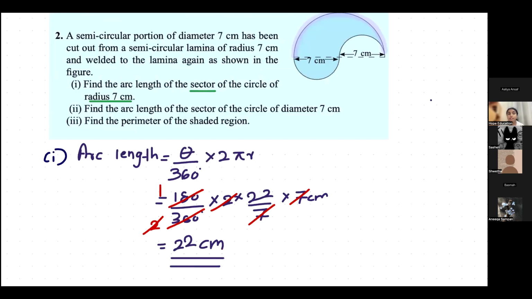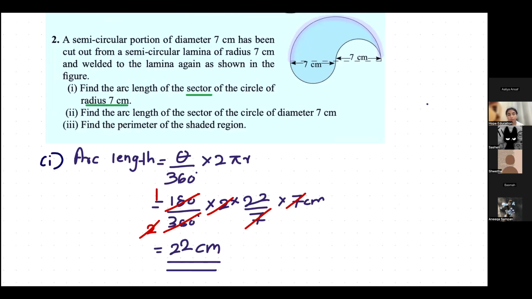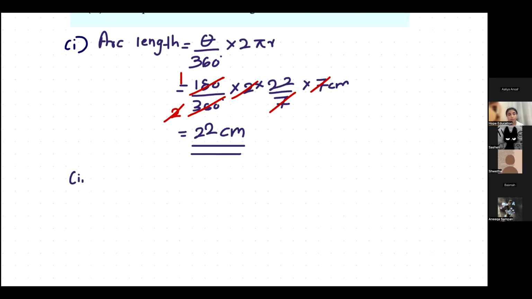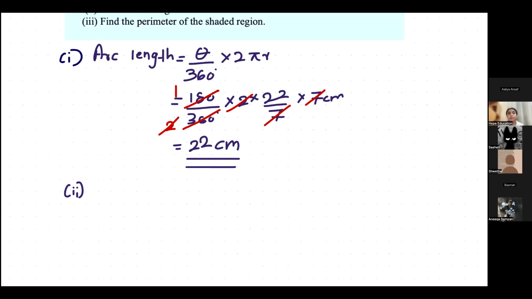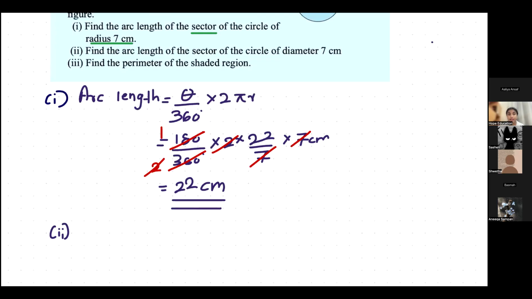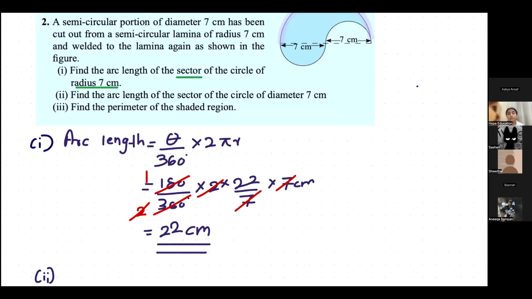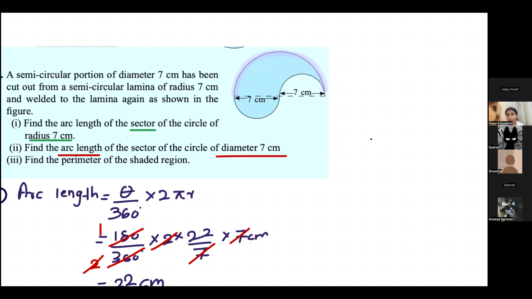Now, let's move on to Roman number 2. Arc length of the sector of diameter 7 centimeters. If you take this sector, its diameter is 7 centimeters.